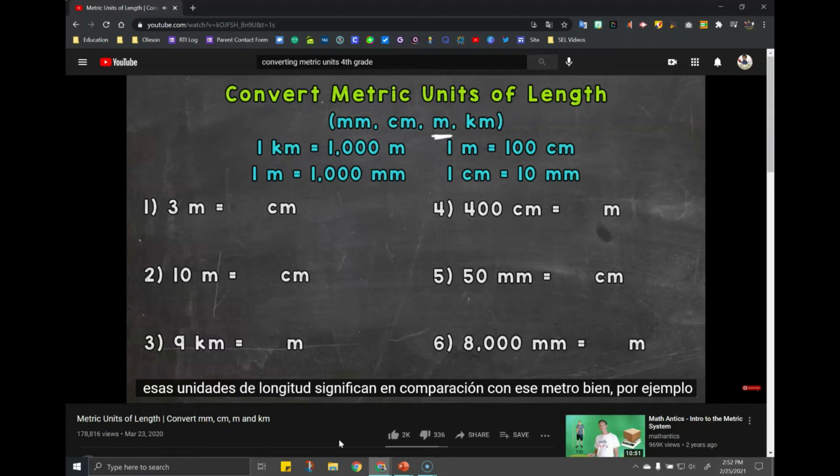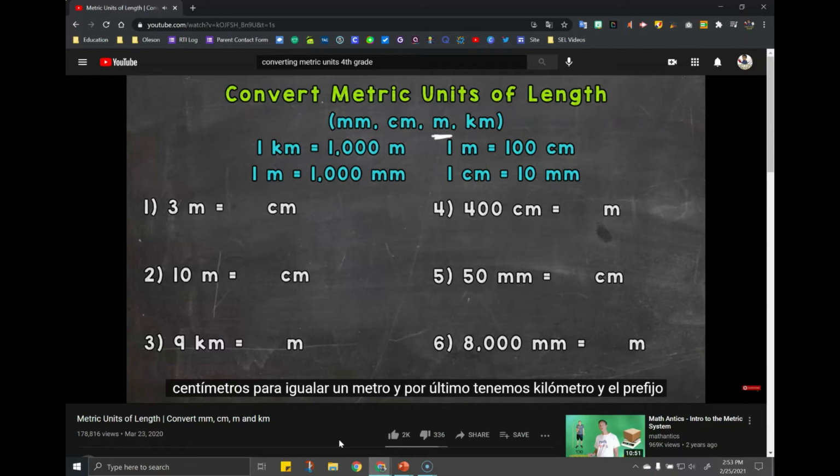Okay, so for example, millimeter, the prefix milli, means 1/1000th of a meter. So it takes 1,000 millimeters to equal 1 meter. Centimeter, the prefix centi, means 1/100th of a meter.